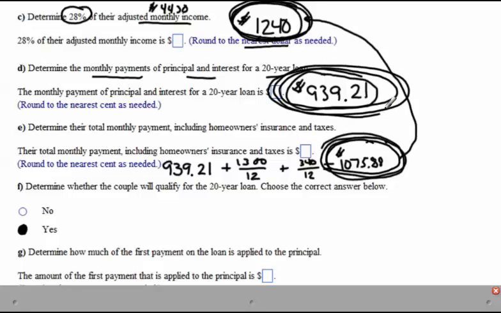Part of that will go towards principal and part towards interest. Normally in the first 10 or 15 years even of your loan, a majority of the payment will actually go towards interest. And this part of the problem will demonstrate that. Now, in order to calculate this, we have to use I is equal to PRT, the simple interest formula.